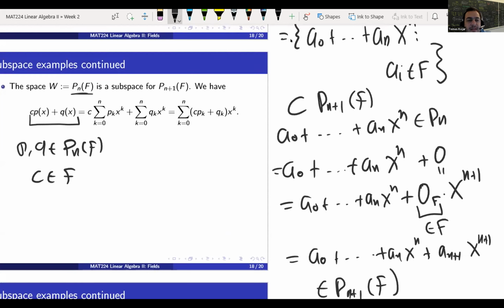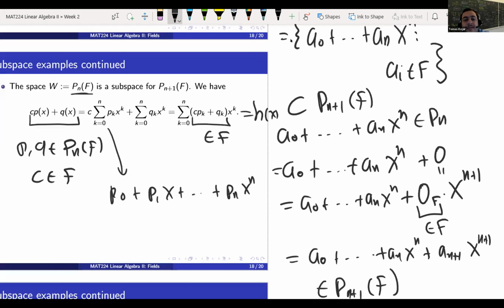In case you haven't seen the summation notation, this just means p0, p1 x all the way to pn x^n. And so you write them as a summation, and then you group the coefficients, and then each of the coefficients is in the field. So this is some other polynomial, h of x, in Pn(F).